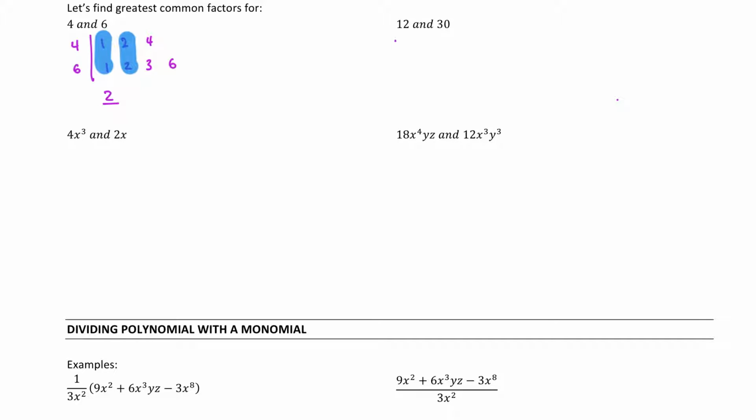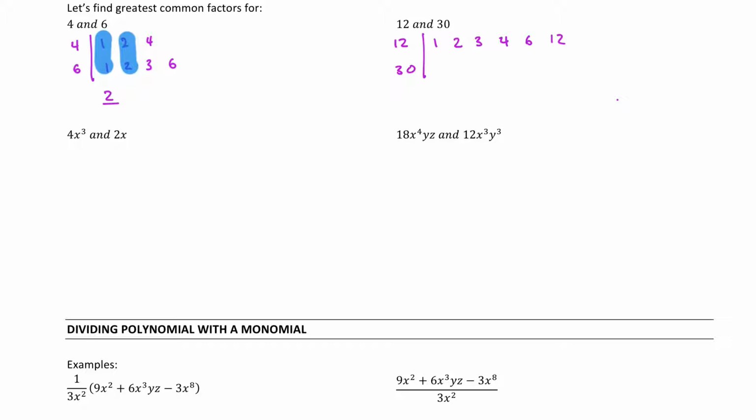For 12 and 30, we will do the exact same thing. For 12, we get the factors 1, 2, 3, 4, 6, and 12.